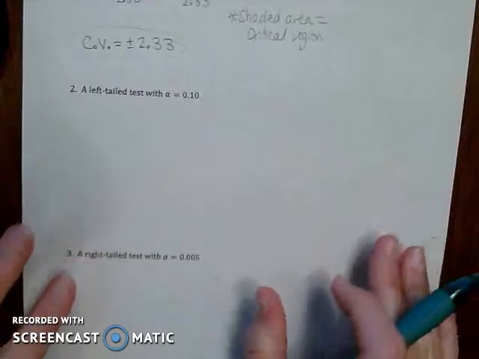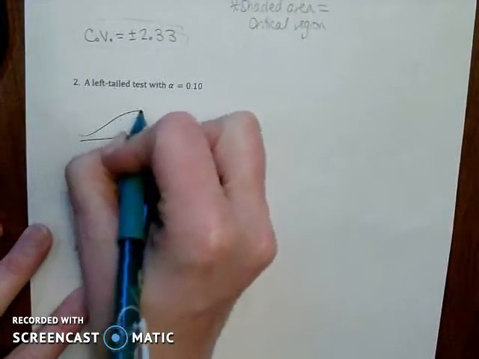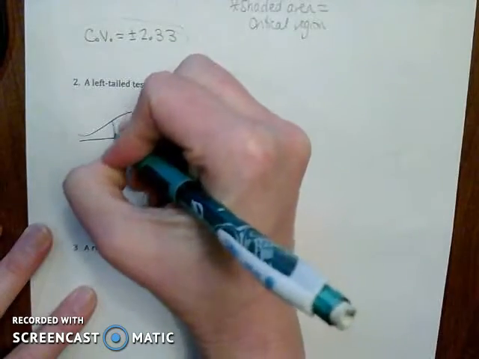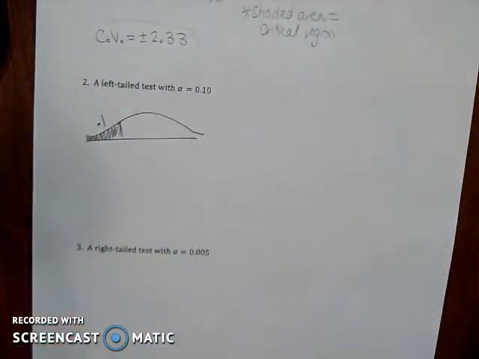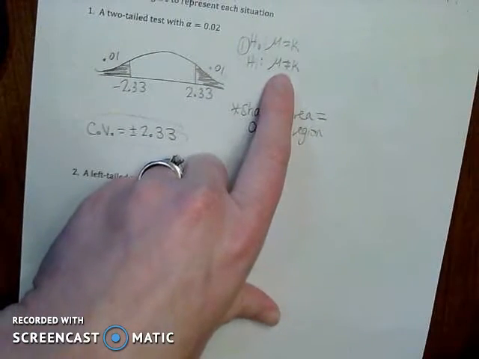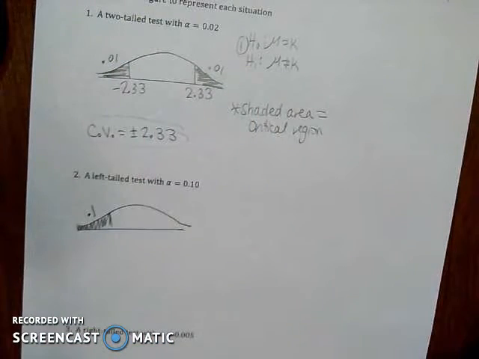Now we want a left-tailed test with alpha equals 0.1, not 0.01. Notice I didn't split it in half. The hard part about chapter 8 is you need to know when to split it into two and when not to. If your step 1 is a not equal to, that means you need a two-tailed test, area in both sides.